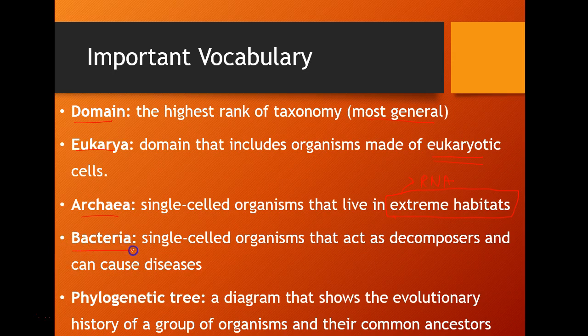We have bacteria, which are single-cell organisms that act as decomposers and can also cause disease. And then to organize all of this, we have phylogenetic trees that really show that evolutionary history and highlight the common ancestors between all of the organisms.